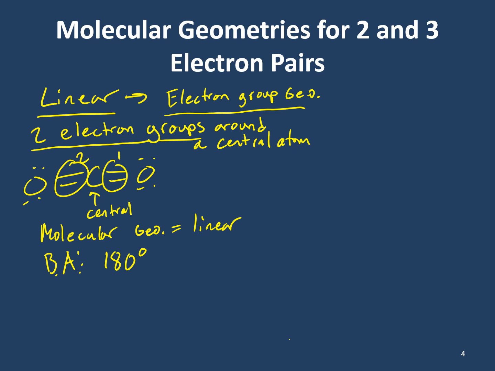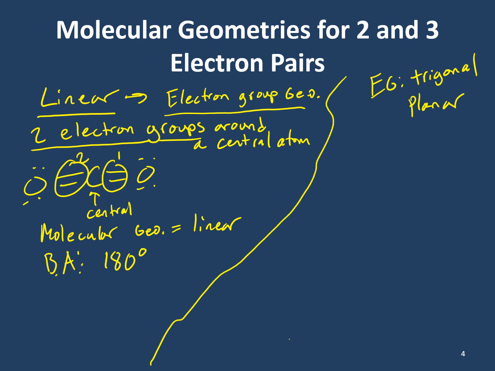Let's talk about another electron group geometry, and I'm going to call them EGs for electron group geometries, and that is trigonal planar. Trigonal planar is when we have 3 electron groups around the central atom.